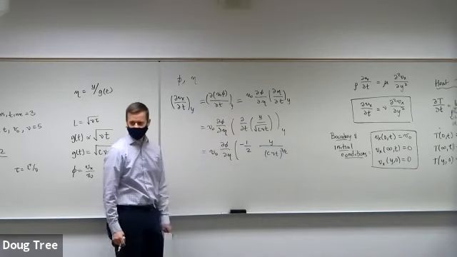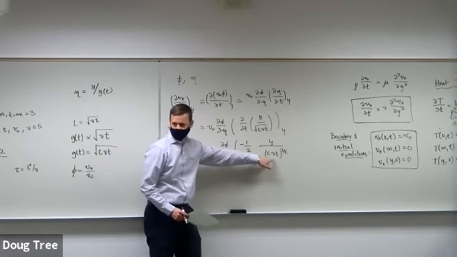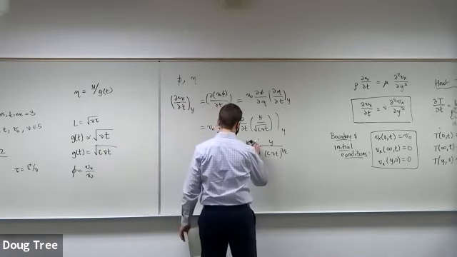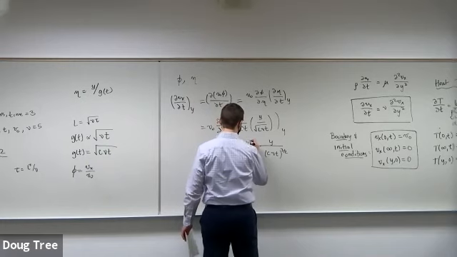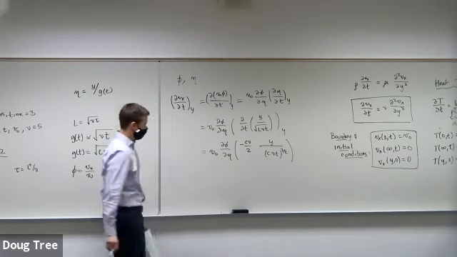But then I need to multiply by what's inside here, so I should have another c and a nu on the top.